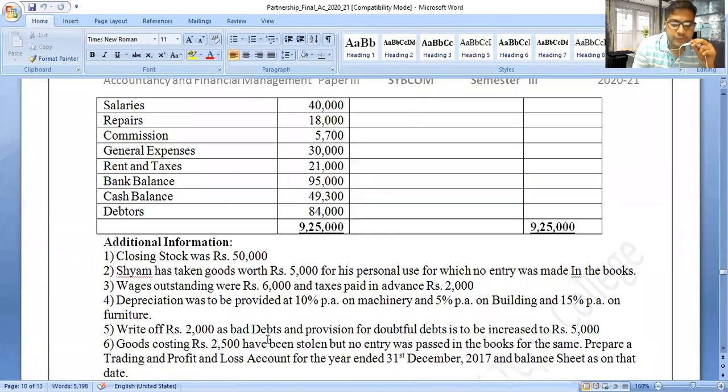Okay, so I hope you understood all the adjustments and all effects. One thing I will clear here: in our problem, gross profit will come, that you have to write, gross profit 2,83,500.